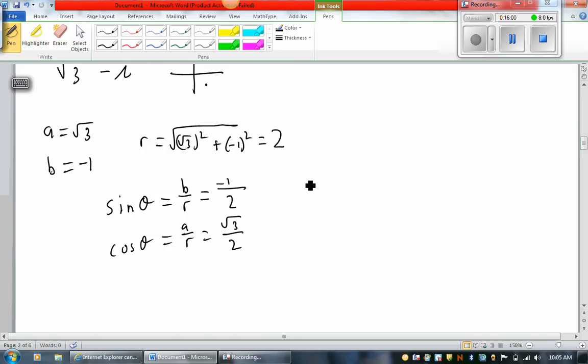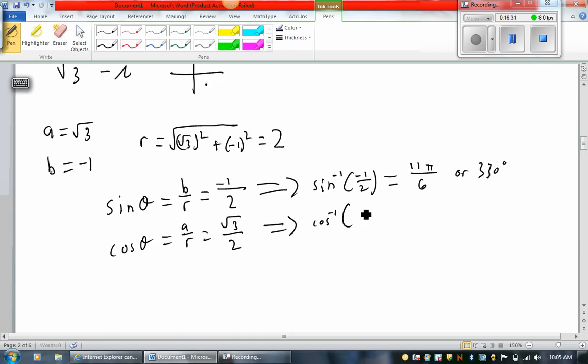Now remember, we're in quadrant 4. So when we do our trig inverses, we have the sine inverse of negative half. We only care about the quadrant 4 angle, and that is 11 pi over 6 in radians, or 330 degrees. And for our cos inverse, remember, this works out nice. We're in quadrant 4, so cosine is positive and our sine is negative. That works out nice.